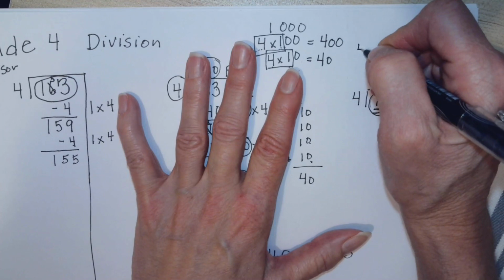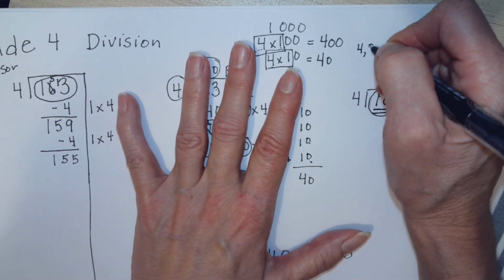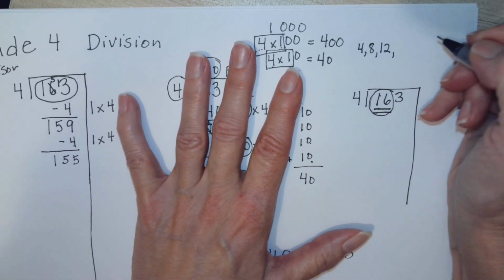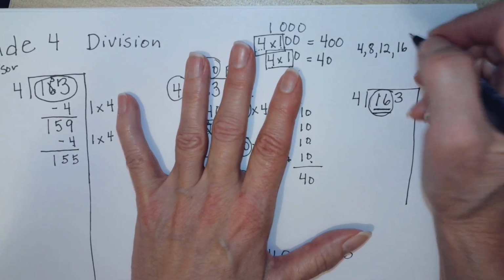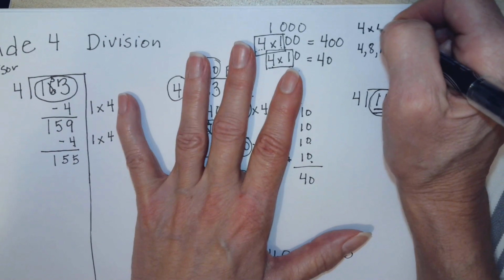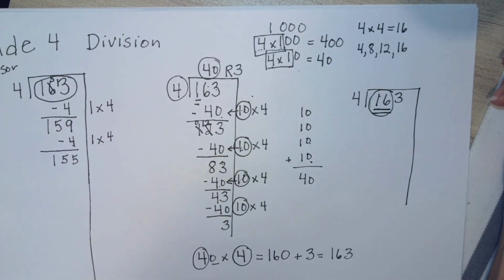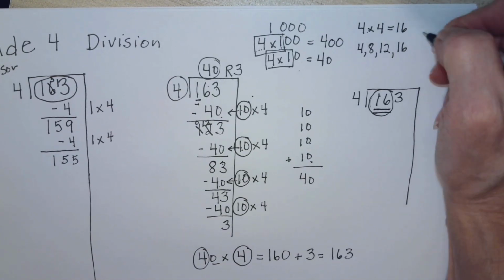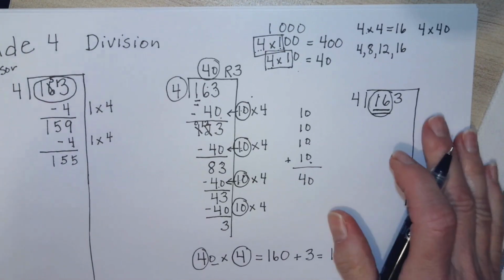So, 1, 4. 4 times 1 is 4. 4 times 2 is 8. 4 times 3 is 12. 4 times 4 is 16. Oh, 4 times 4 is 16. What can I do with that information? Well, what if, instead of 4 times 4, I did 4 times 40?